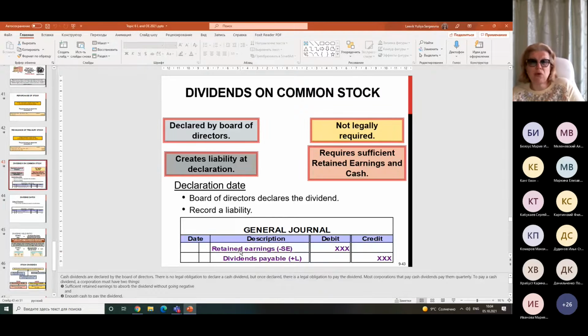But normally, the declaration of dividends is on a date after the reporting date. And after the reporting date, all net income is closed to retained earnings. This is why we should subtract retained earnings in order to pay dividends, because net income is already in retained earnings.